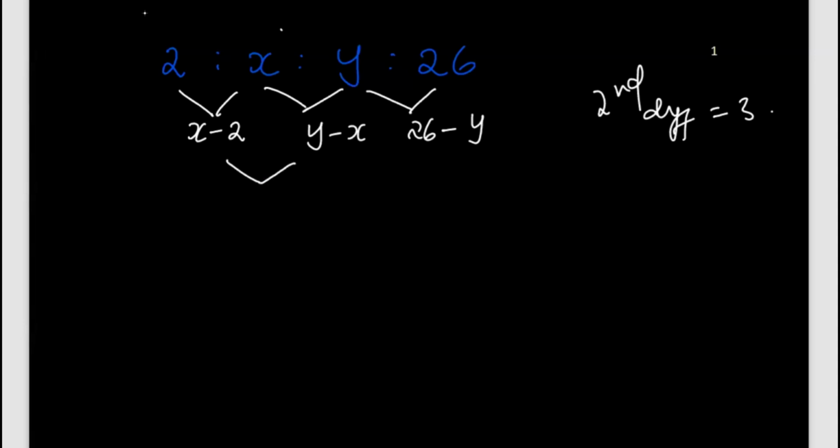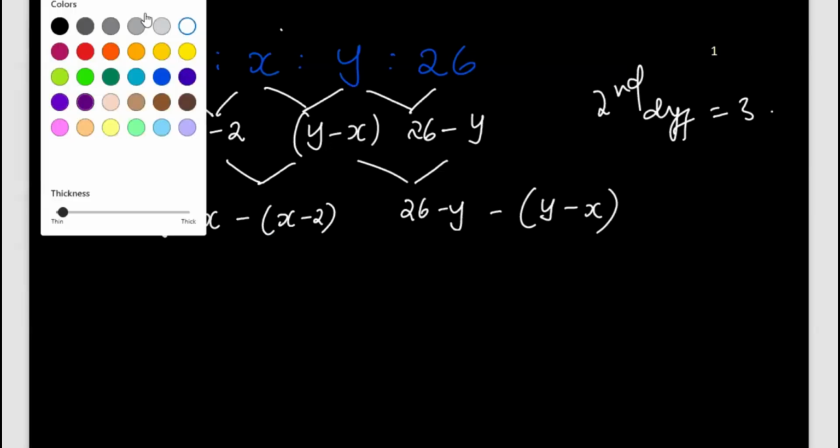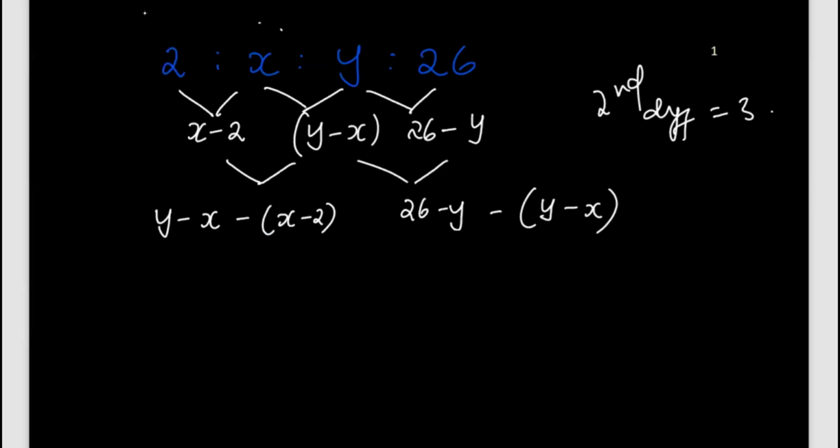Let me get my second differences. So I have this minus that. Let me put it in brackets: y minus x, minus the whole of x minus 2. And on this side, we're going to have 26 minus y, minus the whole of y minus x. Before we know anything, let me simplify this further.